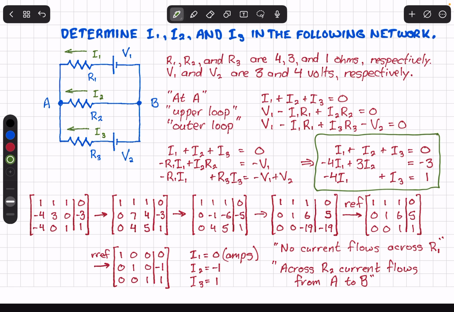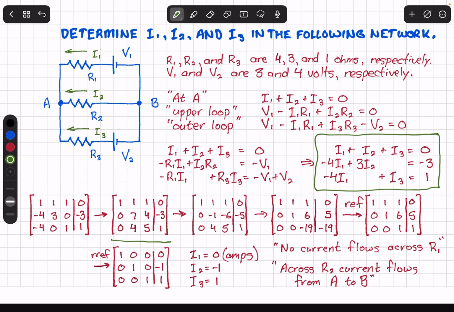Let's express this system as a matrix. So we start with the augmented matrix, with the coefficients of I1, I2, and I3, and the constants on the right-hand side. And we start reducing. We take 4 times R1 plus R2, 4 times R1 plus R3. That produces the second matrix. And then I'm trying to produce a 1 in this second row and second column. So I'll take minus 2 times the third equation plus the second equation.